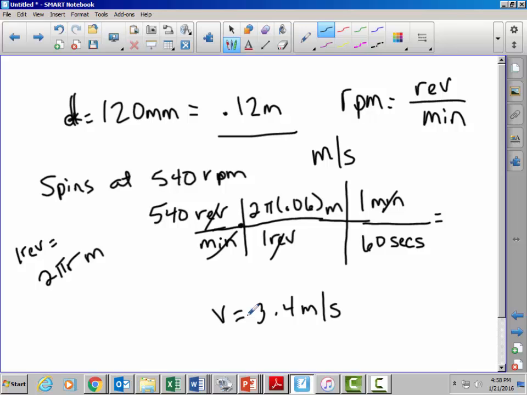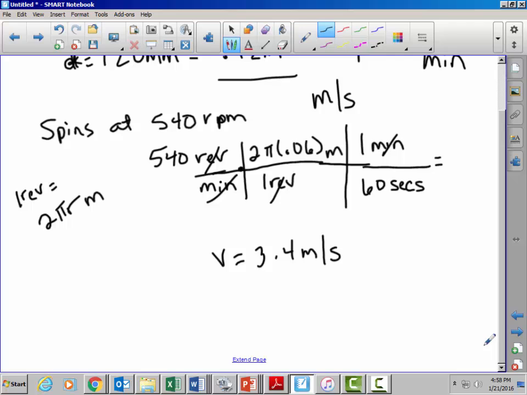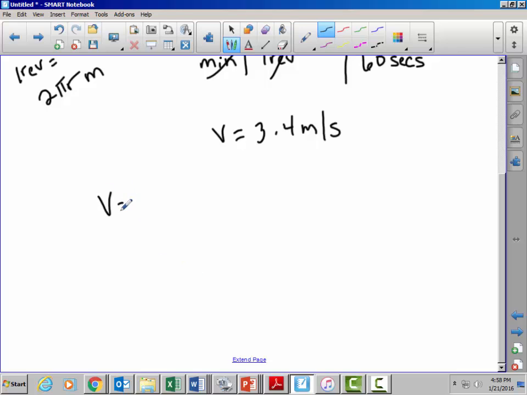All right, we've kind of answered the second question first. I kind of did this out of order, but that's okay. We're going to use this information to go back up and answer the first question, which is how much time is required for one revolution? So we learned that velocity is 2 pi r over t.